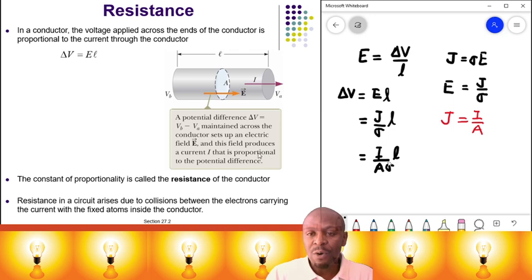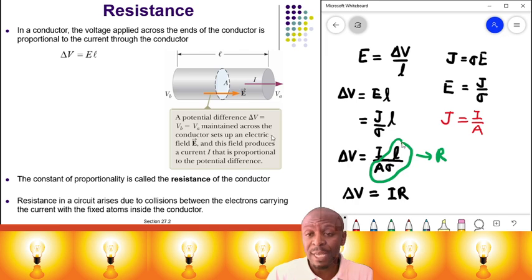But now if we take this as a constant, and we name that constant the resistance R, that will just be your resistance. Therefore, the change in V will just be equal to I times R, where R is just the constant of proportionality.